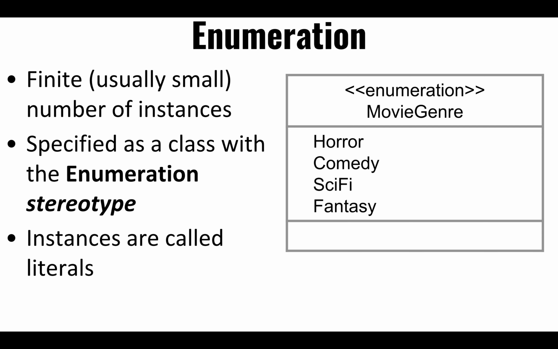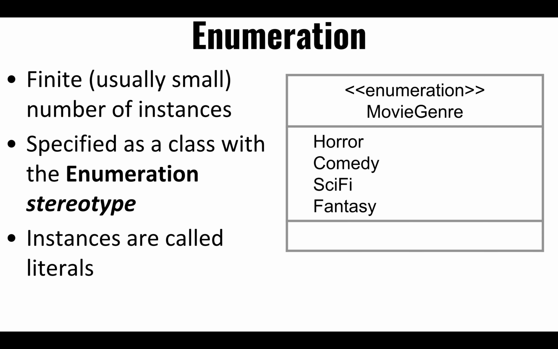So stereotypes allow you to take something that looks like a class diagram and add a tag that means something to you, whatever it means to you. Enumeration is one example of that. Right? So enumeration, that looks like a class diagram, and yes, it's implemented like a class. But down below, this horror, comedy, sci-fi, fantasy, typically these would be attributes in a class.